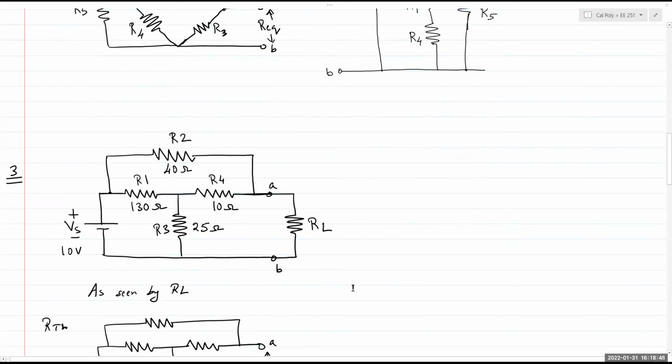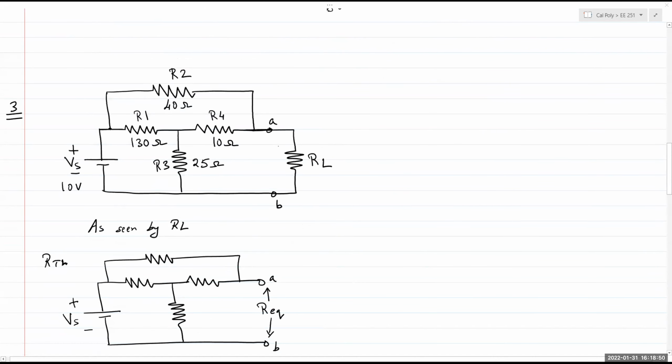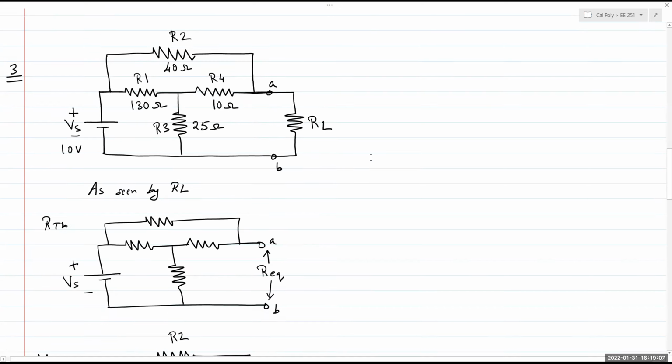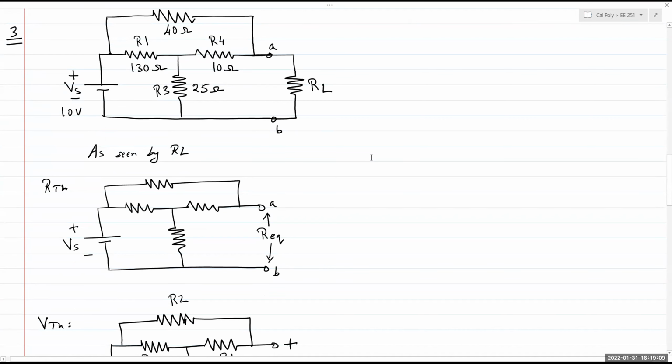No matter which circuit you're doing, whether you're trying to find RTH, VTH, or IN, you have to remove that load component from your analysis if it says as seen by. So for RTH, I draw out my circuit, and the circuit looks like this with RL removed and REQ at the terminals A and B.